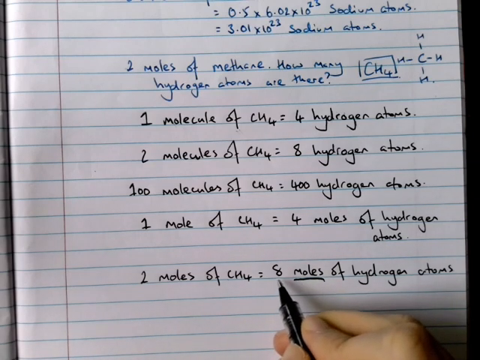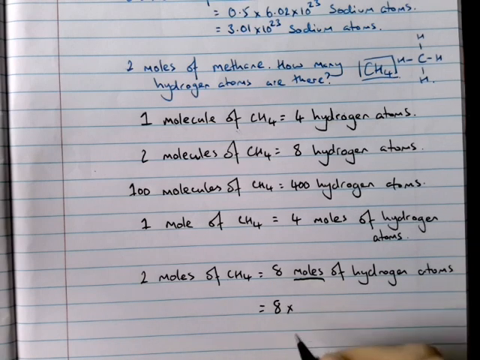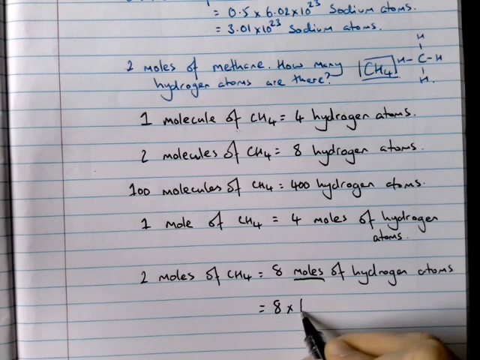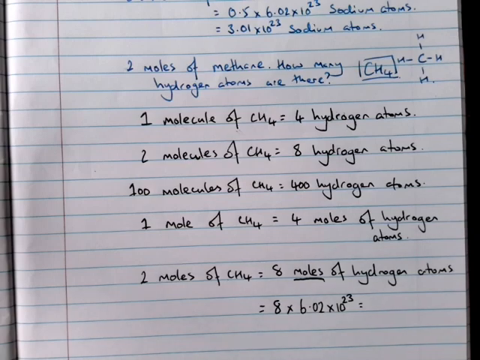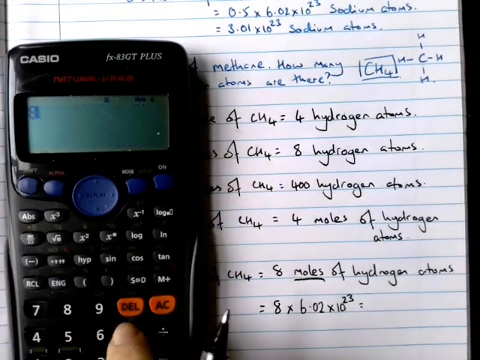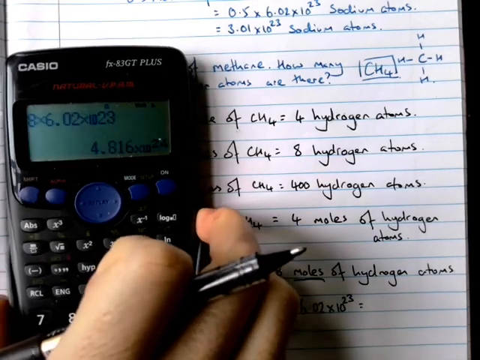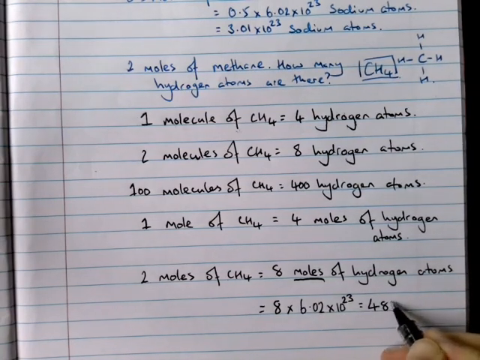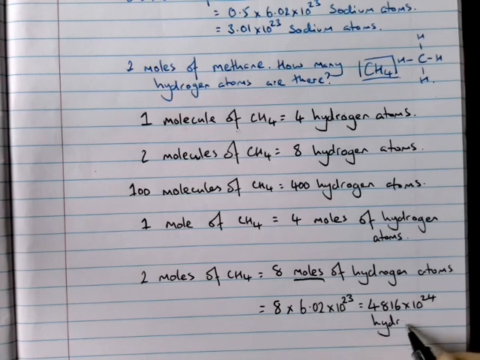Okay, so this 8 moles of hydrogen atoms is actually 8 times, and how many hydrogen atoms do we have in a mole? 6.02 times 10 to the 23, which gives me, if I do that, 8 times 6.02 times 10 to the 23, 4.816 times 10 to the 24 hydrogen atoms.